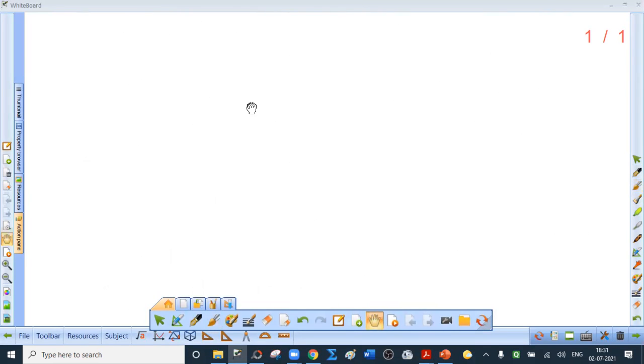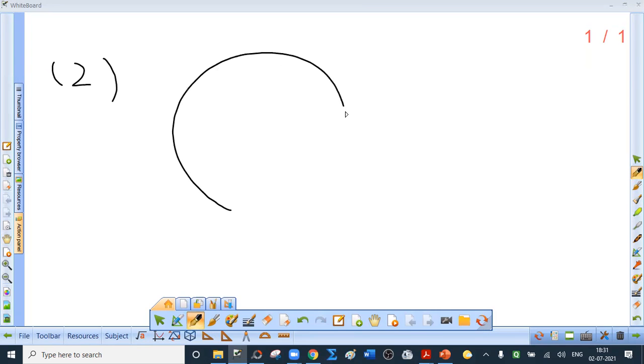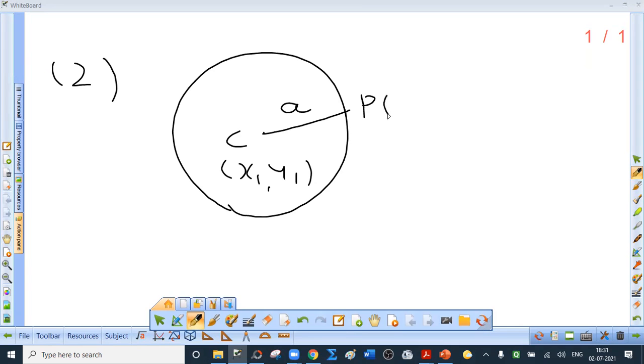This is interesting. Basically, can you tell me what is the equation of this circle whose center is at (x1, y1) and radius is a? P(x, y) is a point on the circle. Now every point on the circle is at a distance of radius from the center.